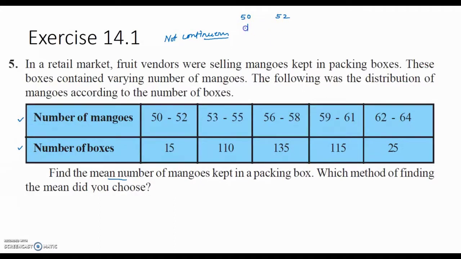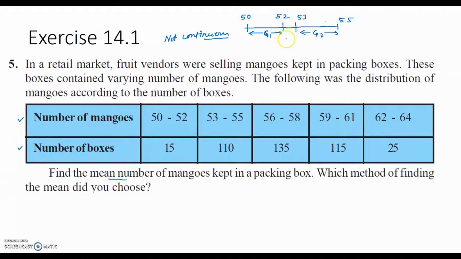If I just draw a quick number line, I can say that the first group is from 50 to 52, and the second group is from 53 to 55. If you see these two groups, there is a gap.